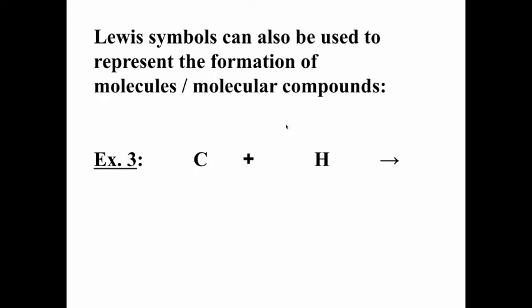So Lewis symbols can be used to represent the formation of molecules and molecular compounds, and we'll start with an example of the carbon-hydrogen compound, and we'll do the simplest one, which has one carbon atom, and a carbon atom has 4 valence electrons, and when it bonds with hydrogen, which has 1 valence electron, they can share electrons and make a covalent bond.